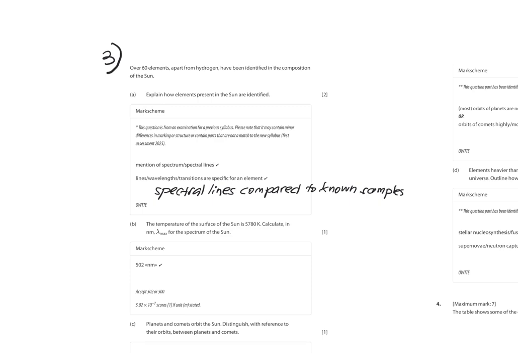Like, if they got a sample of helium on Earth and they compared the spectral lines and they were like, oh, hey, it's the same as the stuff on the sun. I'm going to look into that right now. Based on my reading, it seems that spectral lines in stars and spectral lines in samples on Earth were kind of being investigated roughly at the same time. Anyway, but that is 3A.